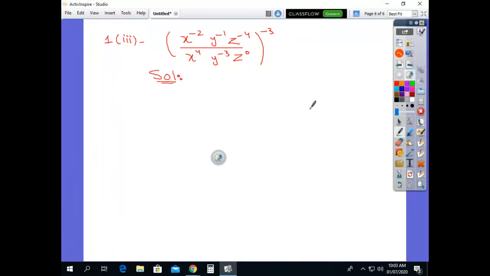We study the property of radicals that if we have a raised to power n in bracket raised to power m, we multiply these two powers, that is n is multiplied with m. Here we see that inside we have x raised to power minus 2, y raised to power minus 1, and z raised to power minus 4. Similarly, in the denominator we have x raised to power 4, y raised to power negative 3, and z raised to power 0.